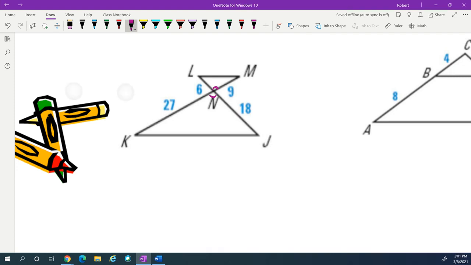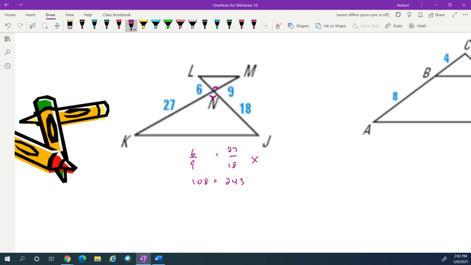So I'm going to try it. For example, 16 and 9. And I might try 27 and 18 and find out that it does not work. 6 times 18 is 108. 9 times 27 is 243.